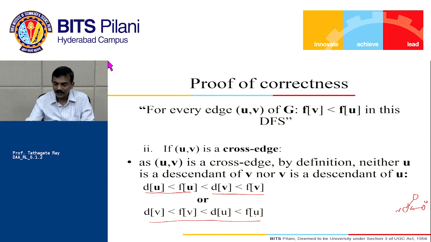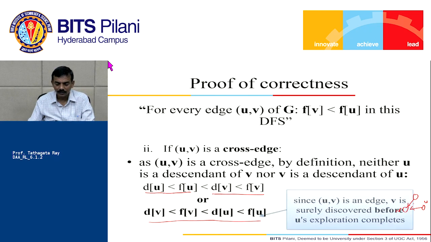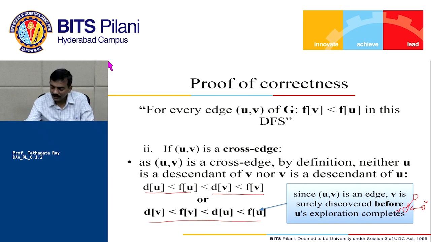But since I have an edge from u to v, which is a cross edge, v must have been discovered before u's exploration.